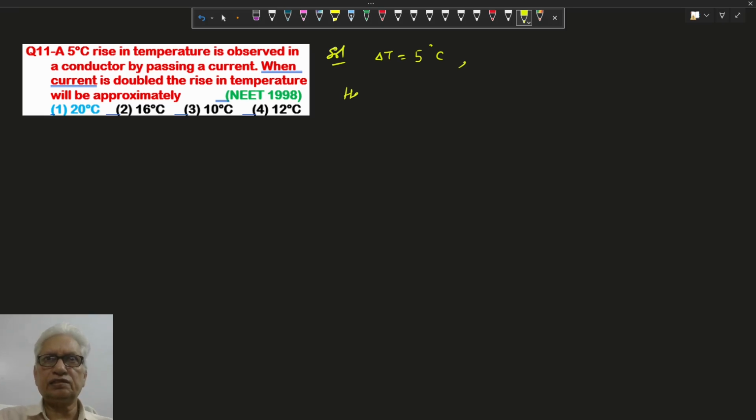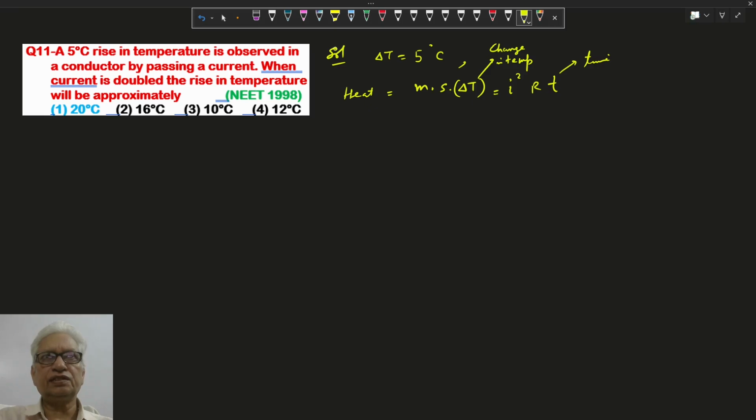We know the heat energy is equal to electrical energy I square R T, where T is the time, and also m s delta T, where delta T is the change in temperature. M is the mass, constant, specific heat is constant, and resistance also constant.